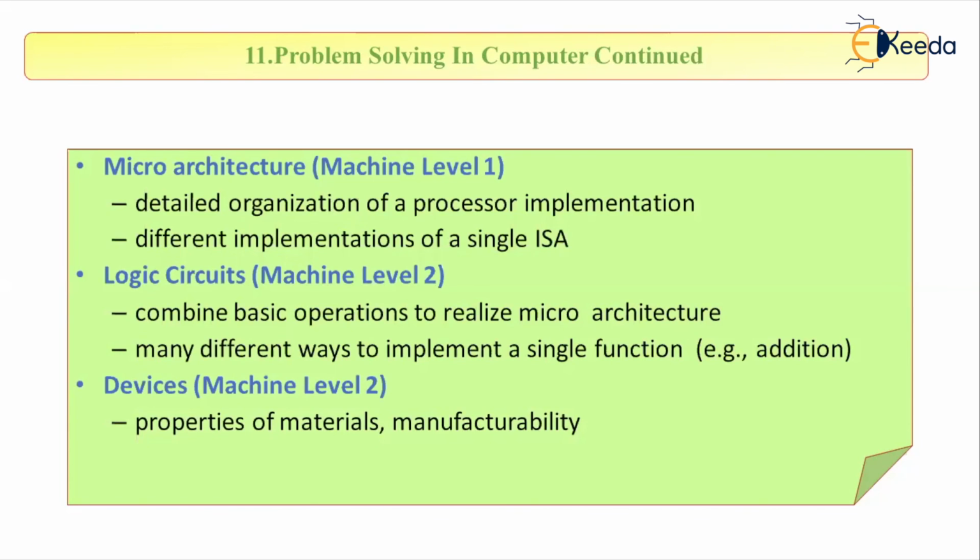Now, when you say logic circuit, it contains the basic operations which have been combined together to realize microarchitecture. How the different microarchitectures are coordinating with each other is considered in logic circuits, and there are many different ways to implement a single function. For example, addition. Now, when you are performing addition, what are the different components that are required?